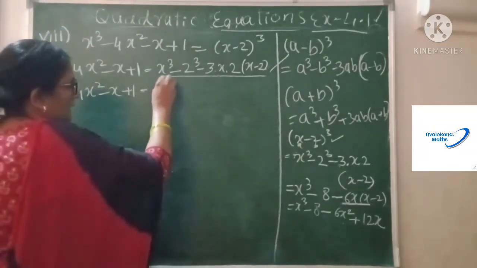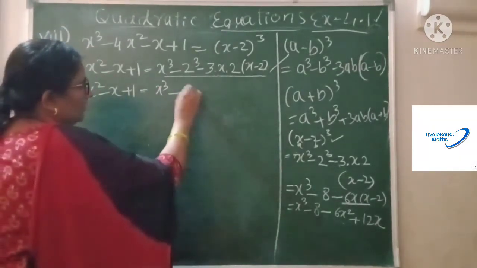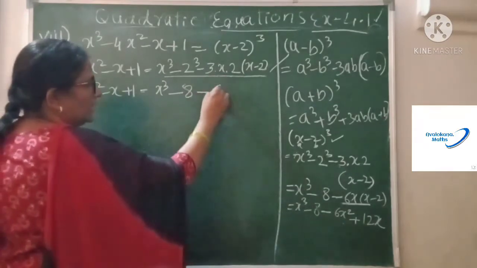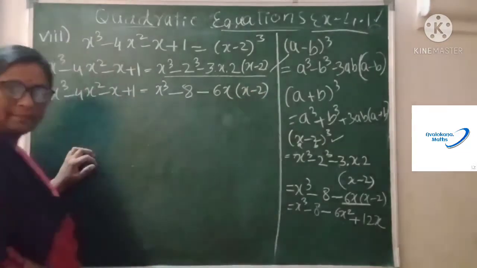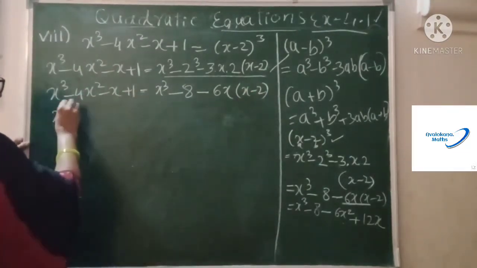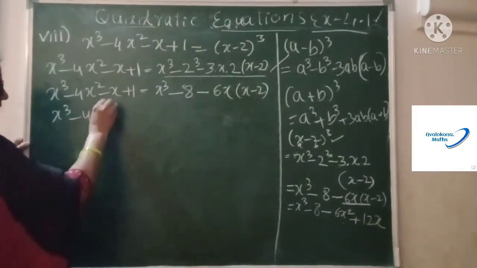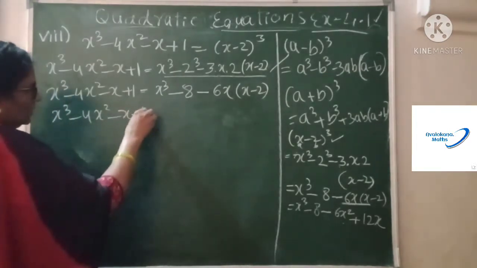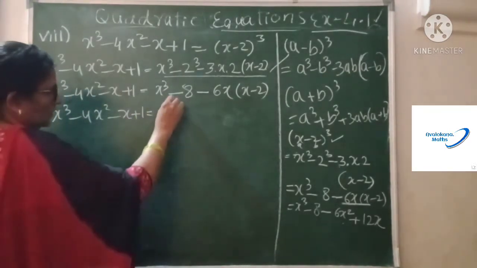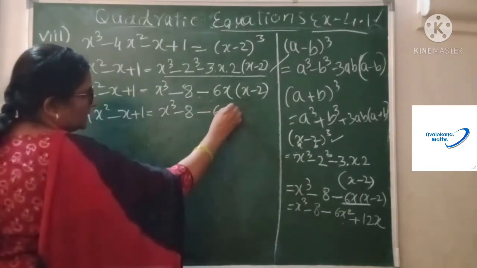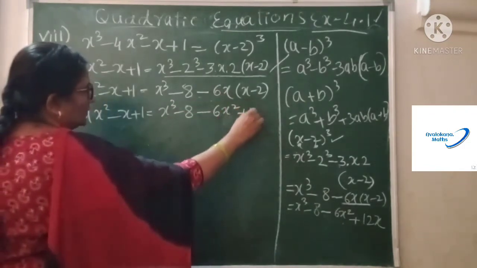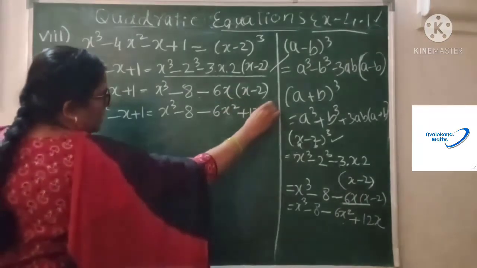Now it is x cube, the same thing what I explained here, minus 8 minus 3 2s are 6x, and here (x minus 2). Okay. Now here it is x cube minus 4x square minus x plus 1, no change in this one, equals x cube minus 8 minus 6x square, so minus minus plus, 6 2s are 12x.